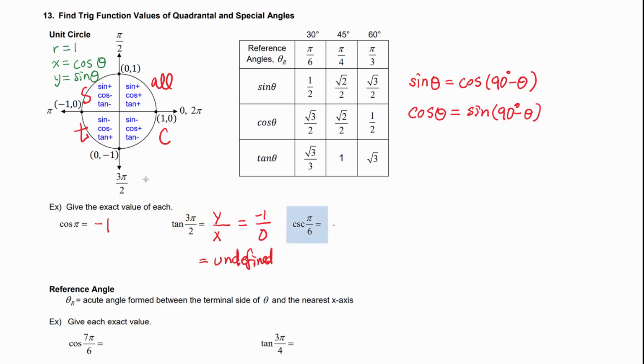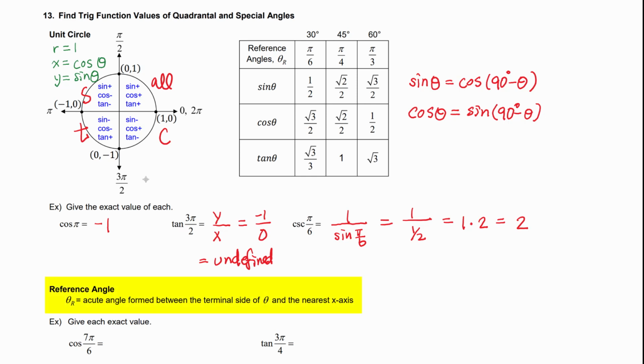Cosecant of pi over 6 is equal to 1 over sine of pi over 6, and sine of pi over 6 is equal to 1/2, so 1 times the reciprocal of 1/2, which is 2. So I get the value 2.